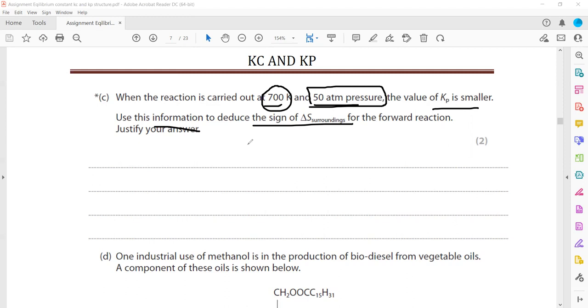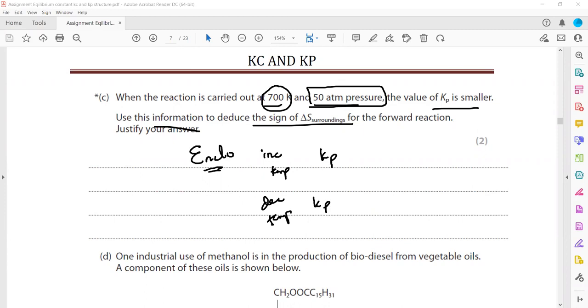Remember, for endothermic reactions, if we increase the temperature, the value of the Kc or the Kp will increase. And if you decrease the temperature, the value of the Kc or the Kp will decrease. So how can we work it out?